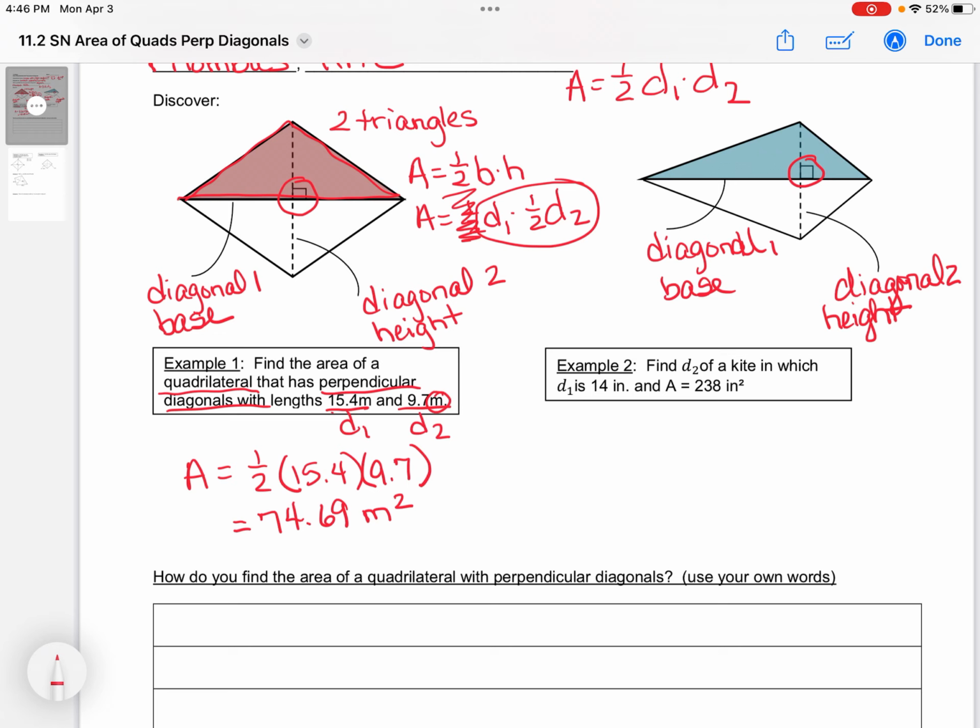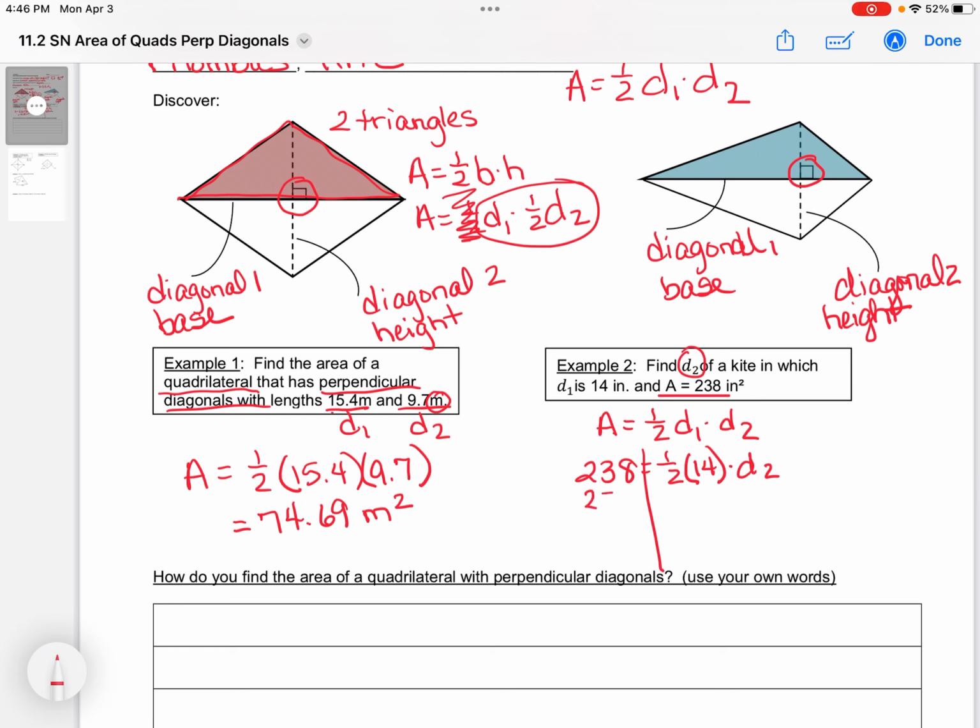Okay, and then since we're working backwards with example number 2, I'm given the area and I need to find D2. So I'm going to use my same formula, except I know the area. D1 is 14, and D2 we don't know.